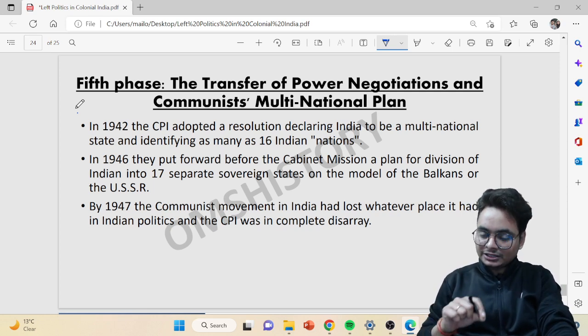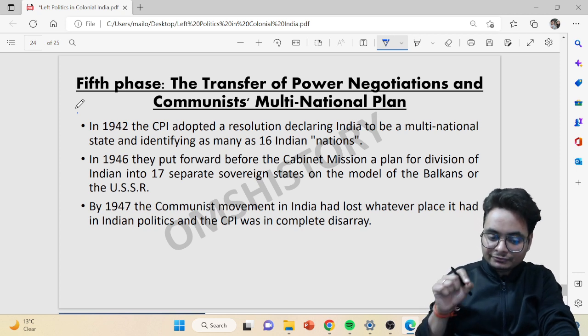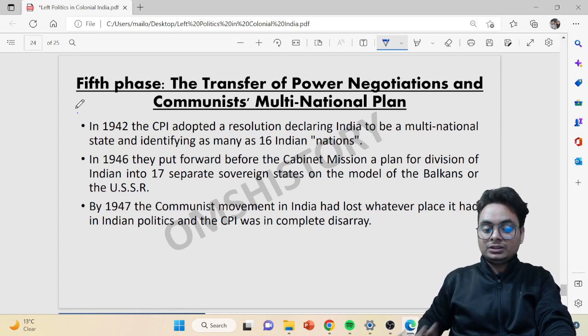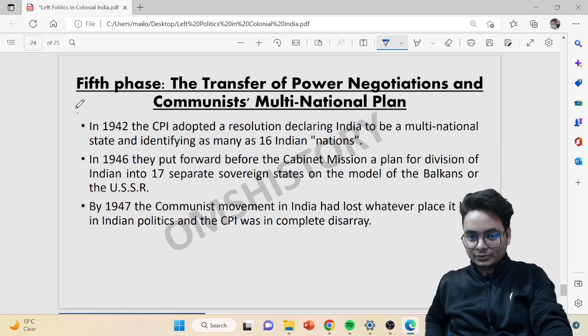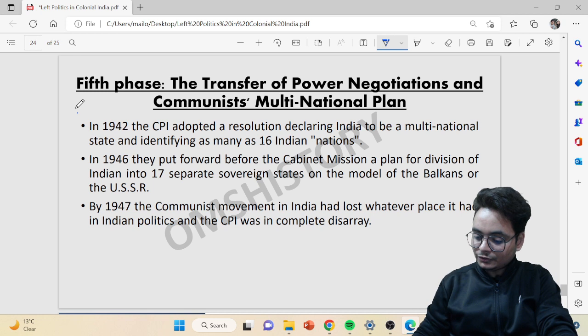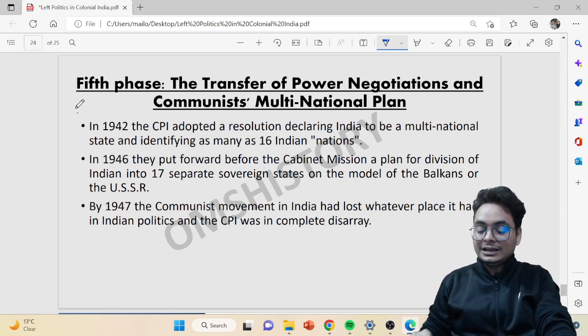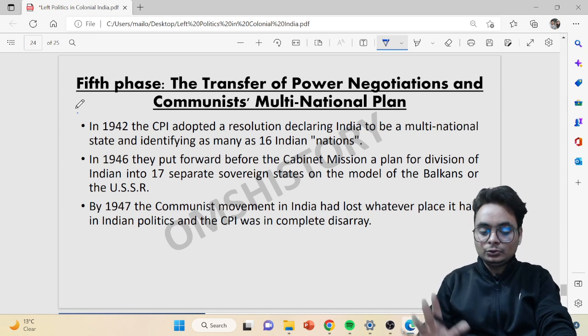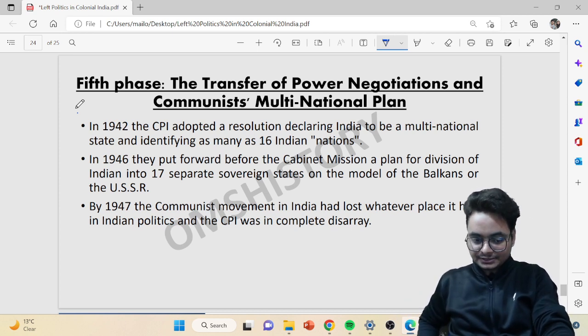The Communist Party of India sought to further widen the Congress-League alienation by encouraging all separatist elements and working for the division of India into a number of sovereign states. Laga na jhatka. So at this point of time the Communist Party of India was supporting those forces who wanted India to be divided into several sovereign states.